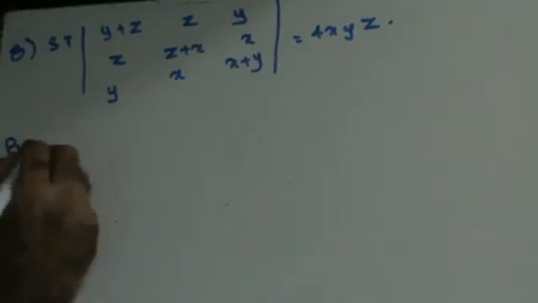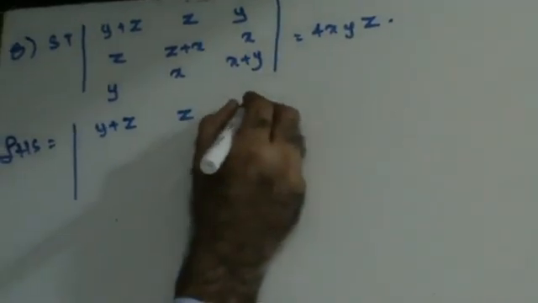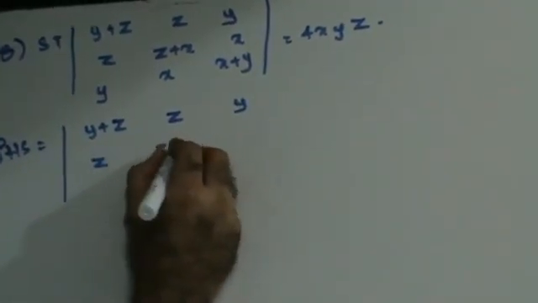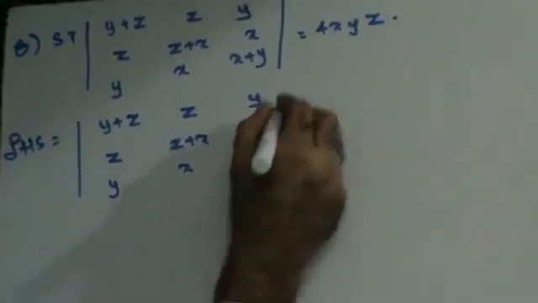Now, I have to try to get as many rows and columns the same, or as many zeros as possible. I want to get common numbers. Let's start with the LHS: y plus z, z, y, z, z plus x, x, y, x, x plus y.